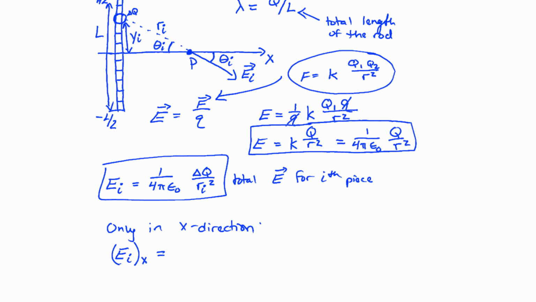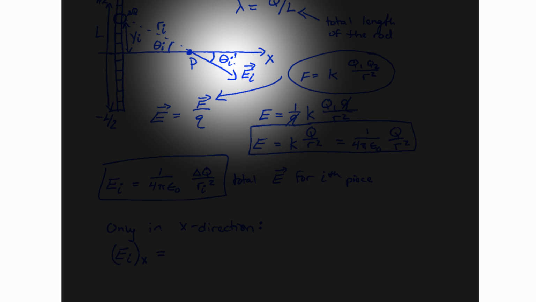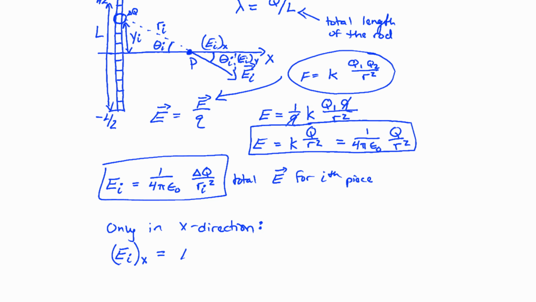So, using my triangles, and I've got one right here, if this is E sub i x, then this part is E sub i y. I can use trigonometry to figure out that the x part is E sub i times the cosine of theta i. We just calculated what E sub i is above, so I can go ahead and plug that in.